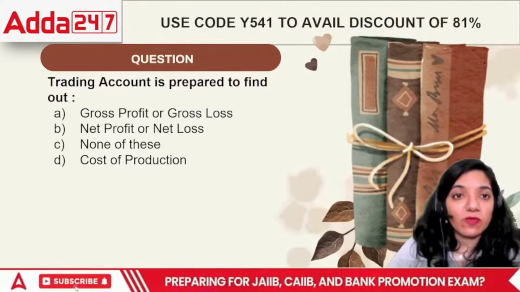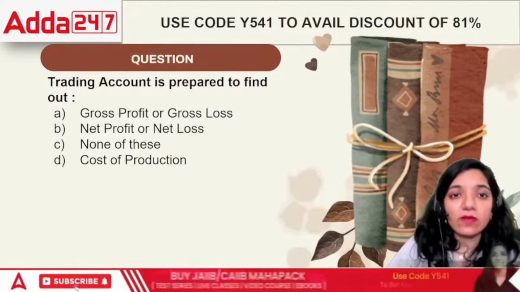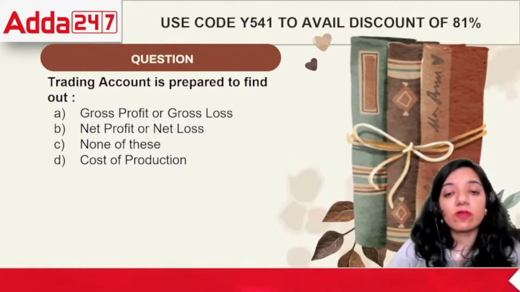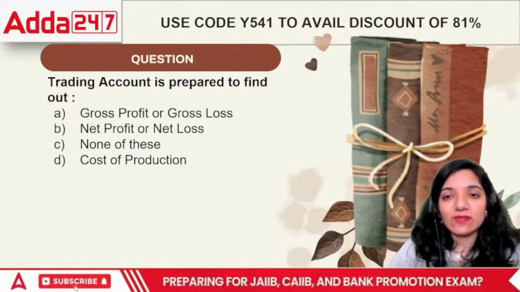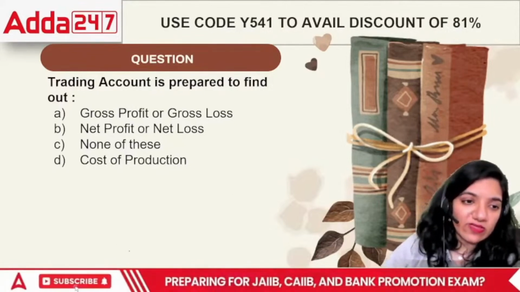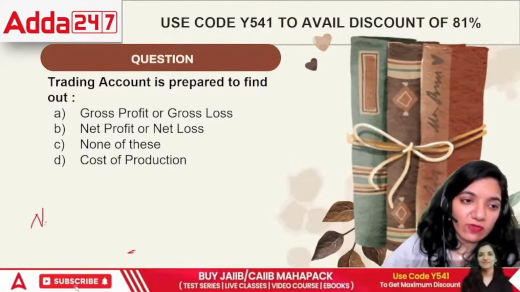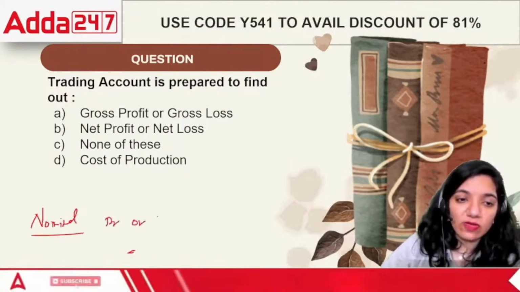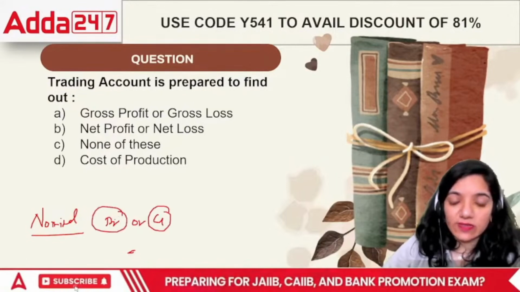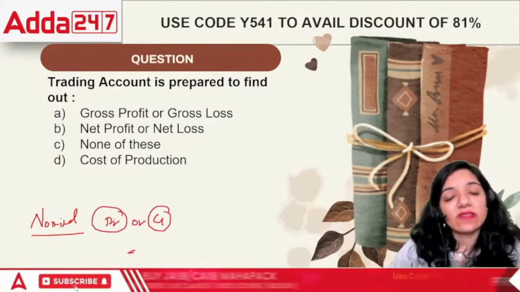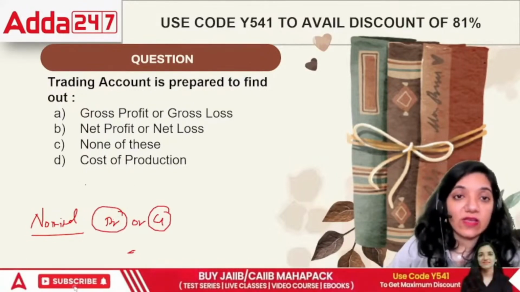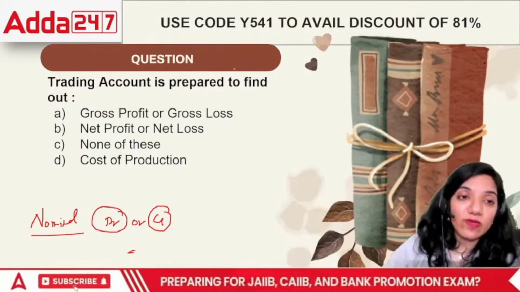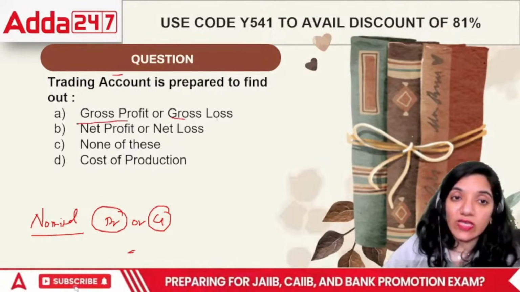Trading account is prepared to find out GP, NP, none of the above, or COP, that is cost of production, everyone. For what particular purpose do we find out the trading account? Number one, the trading account is a nominal account. We call it a nominal account. Why? Because this particular account finds out the debit side or the credit side of the business, right? Then the balancing figure of trading account would be GP or GL.